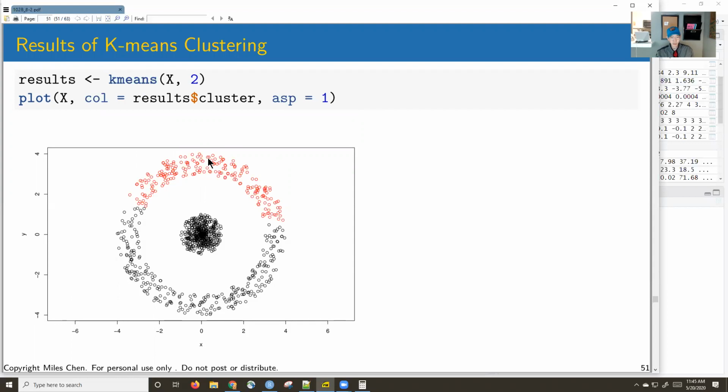K-means clustering will never put a point up here in the same cluster as a point down here, because it's using Euclidean distance, and Euclidean distance in two-dimensional space says this point and this point are far apart, therefore they are very different from each other. They should never belong in the same cluster together. So K-means clustering by itself is not going to work for this data.